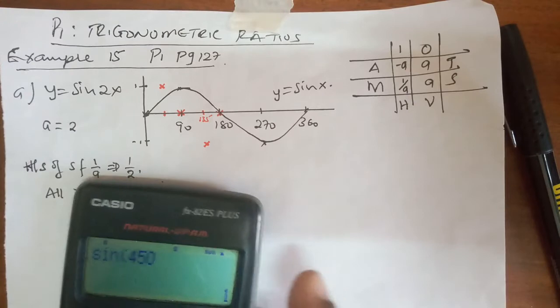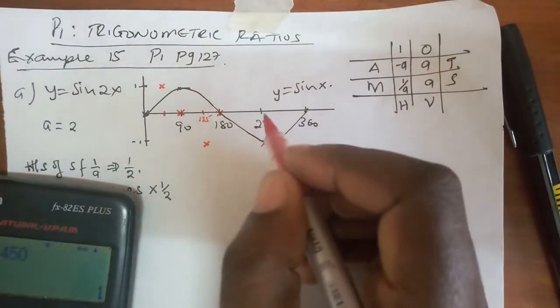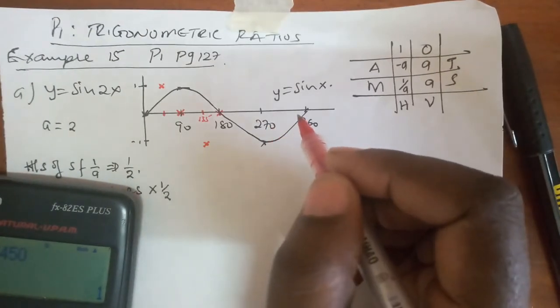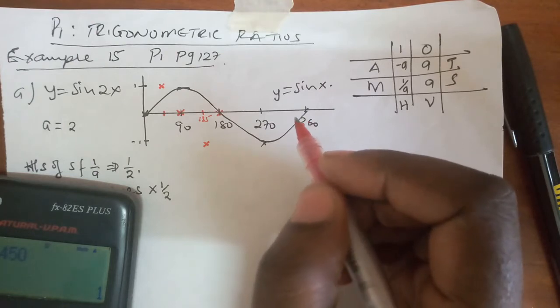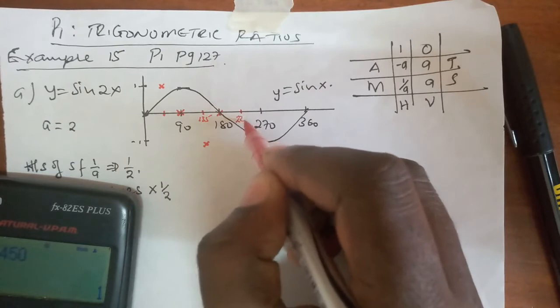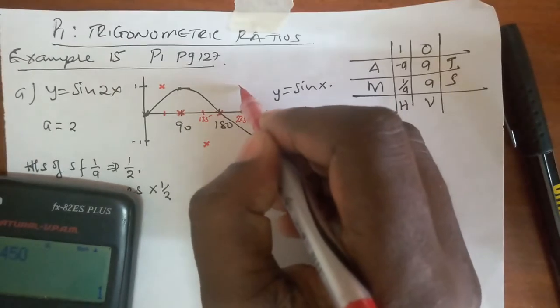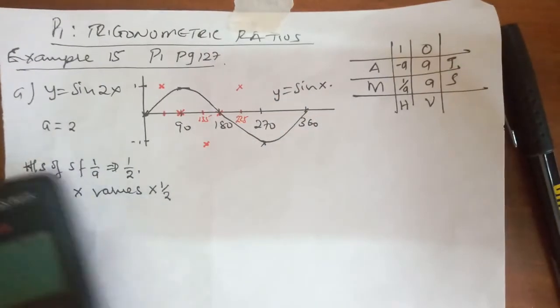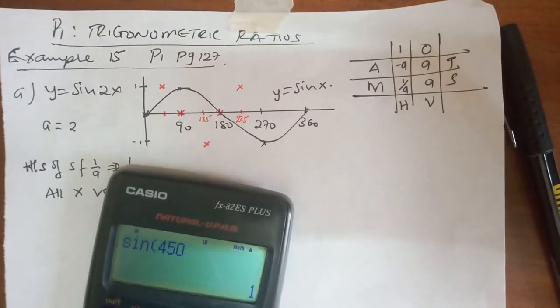Now 450 divided by 2 is 225, and y still continues to be 1. 450 plus 90 is 540.